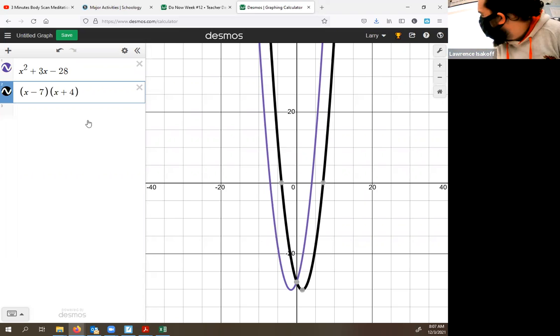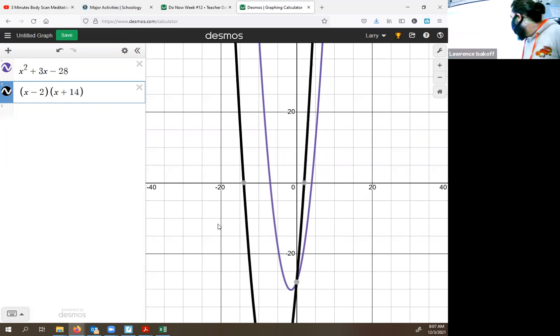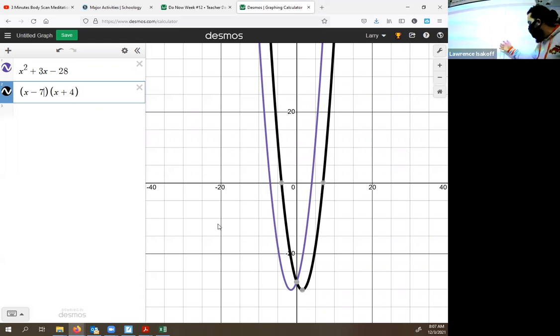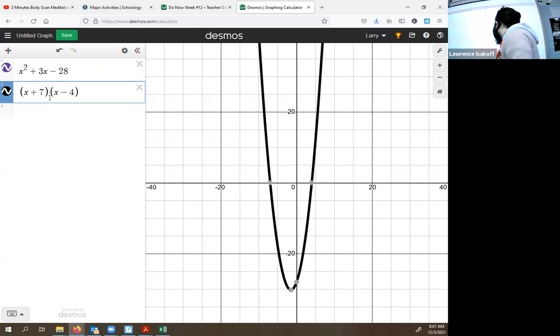If I had chosen a different combo that was wrong, like say 2 and 14, we see that this looks rather different, right? But that 7 and 4, even though the signs were wrong on this one, it looks kind of close. So my guess is, wait, I'm going to try and refix those signs, make it positive and make it negative.